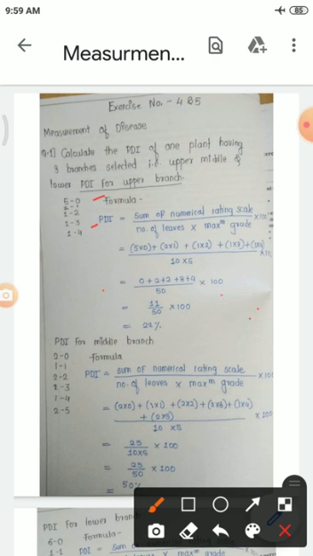So the first example is to calculate the PDI of one plant. Listen carefully, because we calculate the PDI, percent disease index, for one plant having 3 branches selected, that is, upper branch, middle branch and lower branch. So we have to calculate the PDI for the different branches. As we know, PDI is expressed in percent.